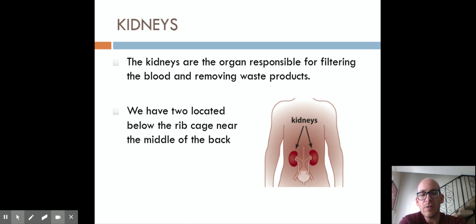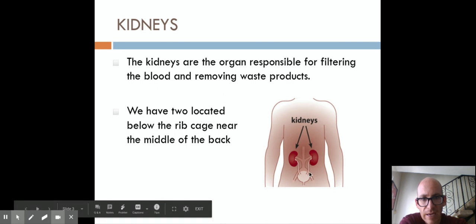In that diagram, we have the kidneys and then a tube coming out of the middle of them down into a reservoir at the bottom. That reservoir is your bladder. So the blood goes into the kidneys, then the waste comes into this tube, into the bladder, and then gets peed out at the bottom.